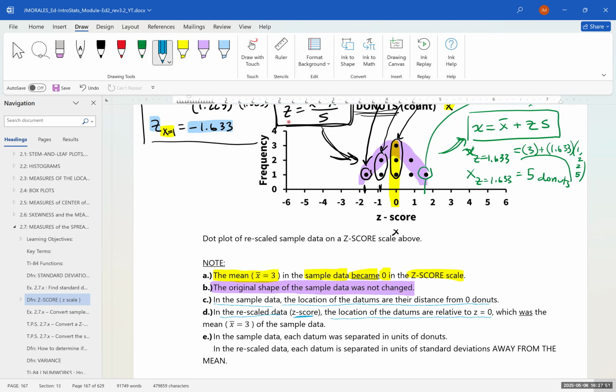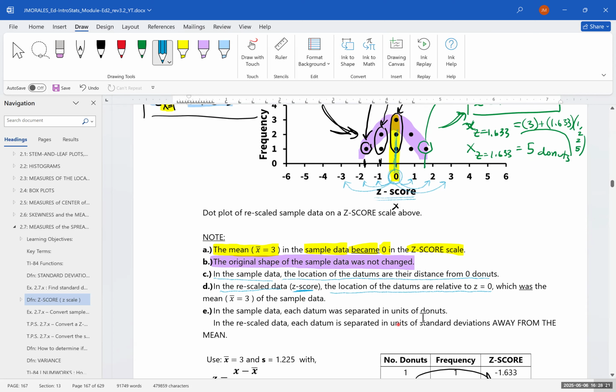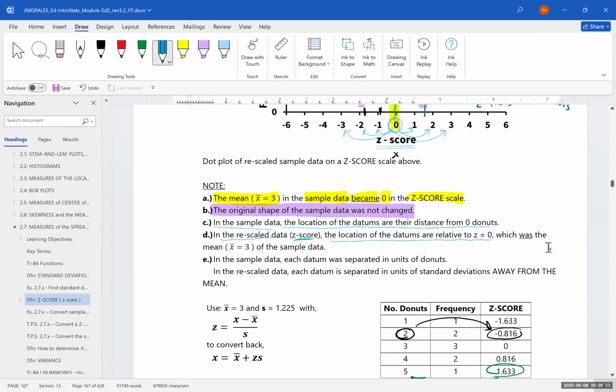So this is what I was commenting on earlier, that now we've got 0 at the very center of our data, and now we're going one value up and one value down, two values up, two values down, three z-scores up and three z-scores down. 0 is now at the center of the distribution on a z-scale.